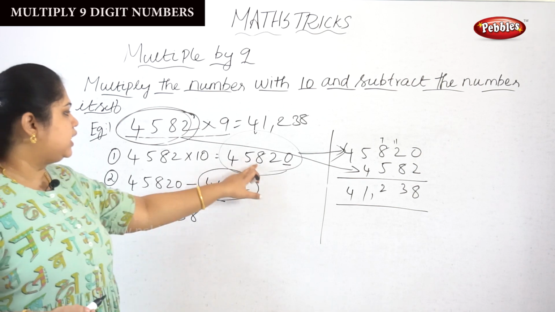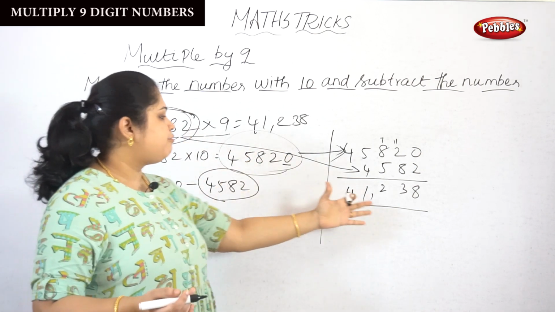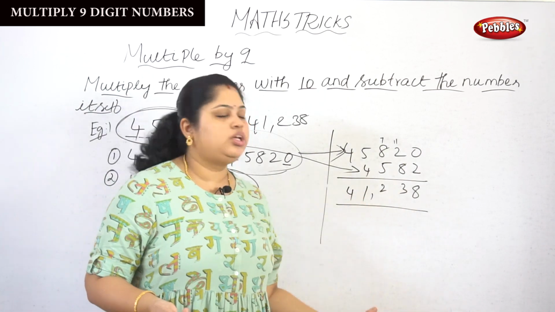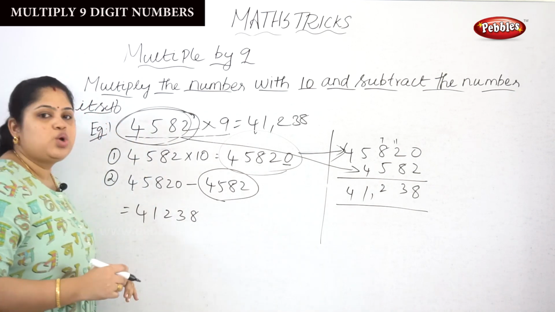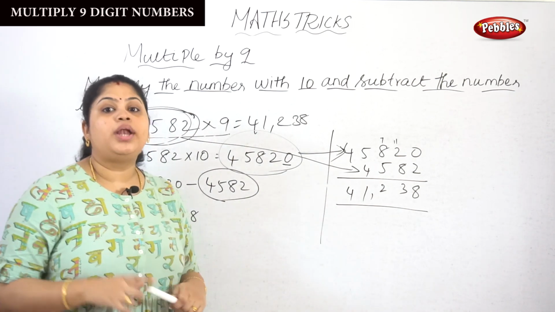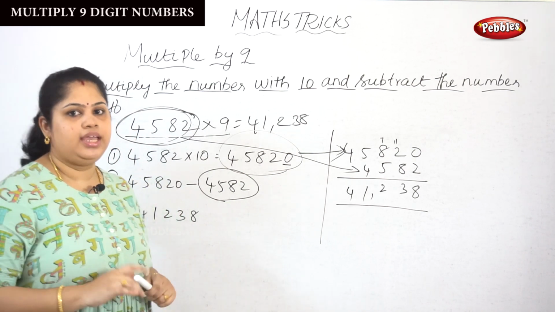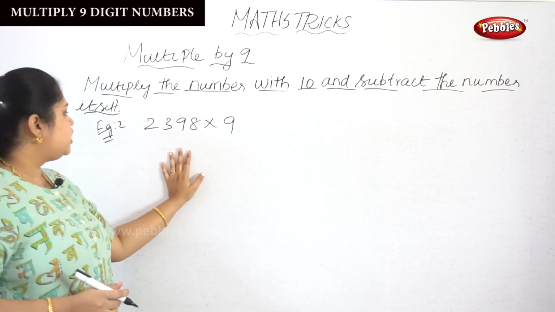After subtracting the number itself, what is the final answer? We get 41,238. This is the final answer for 4582 into 9 is equal to 41,238.